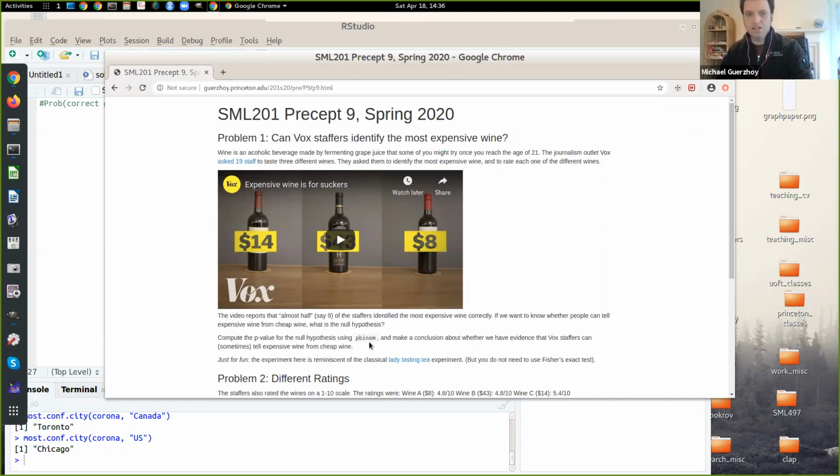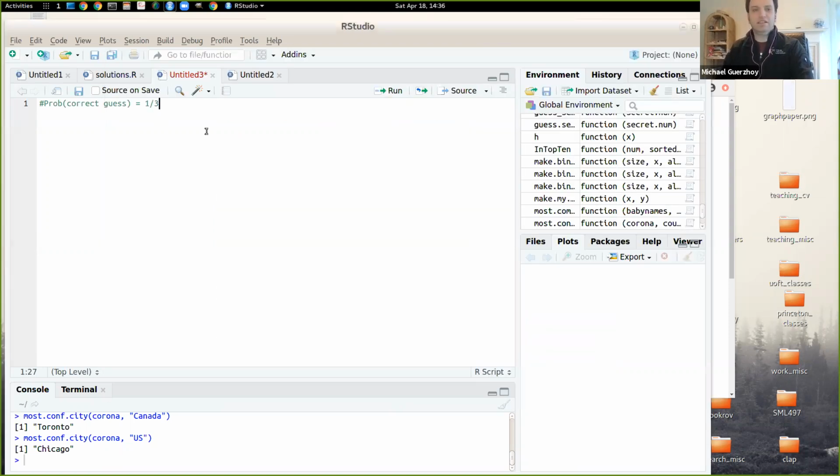So the probability of a correct guess is 1/3, the number of staffers is 19, and the number of correct guesses is 9. We want to know how often we would get something as extreme or more extreme than 9, so how often would you get 9 or more? So we want to basically exclude 8 or fewer.